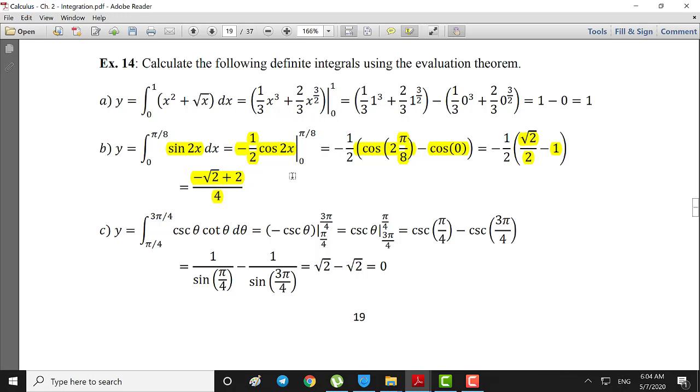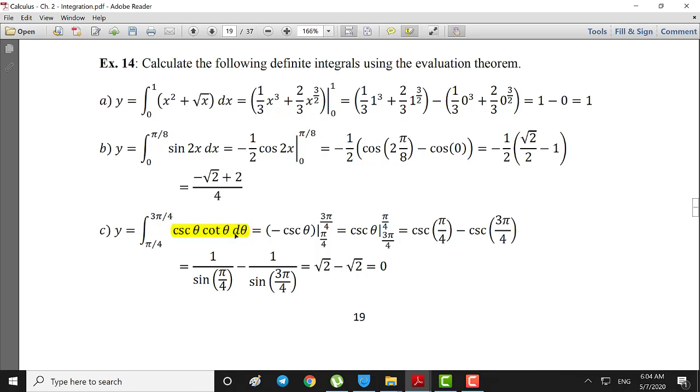Now, let us move to part C. In part C, y is equal to the integration from pi over 4 to 3 pi over 4 of cosecant of theta times cotangent of theta d theta.